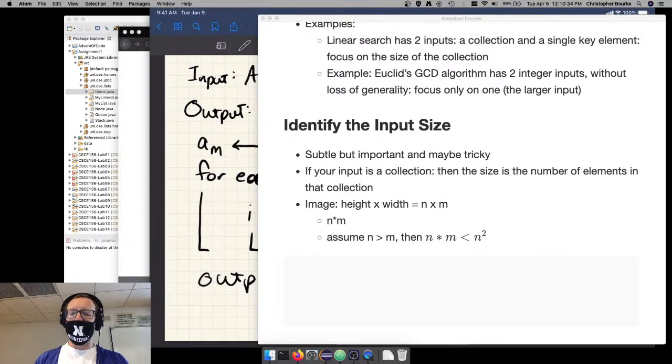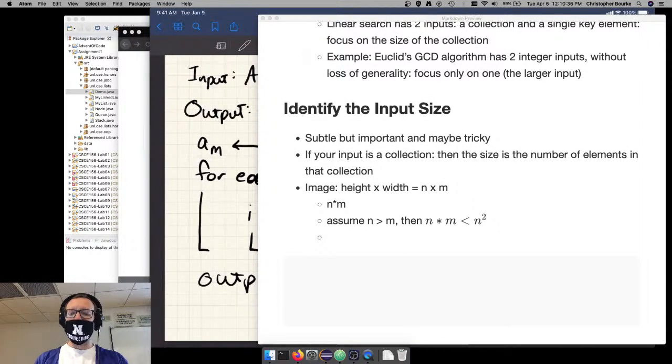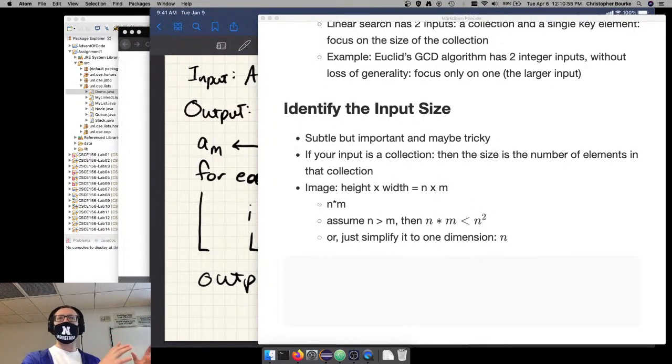Or just simplify it to one dimension, n. I don't care about m. I'll assume that n is at least as large as m, and then that's all I'm going to care about. Because whatever answer I get out at the end of the day, I can simply take a square root of it and get an analysis for the original.